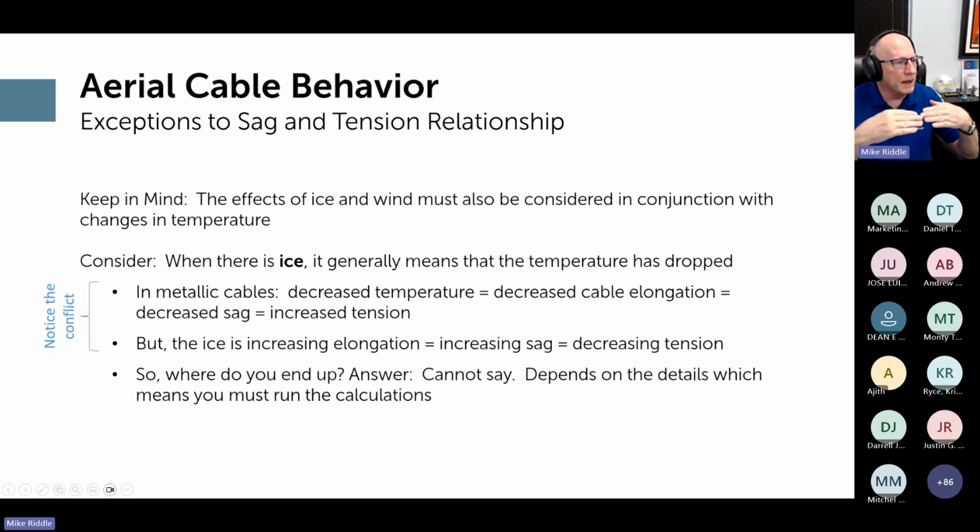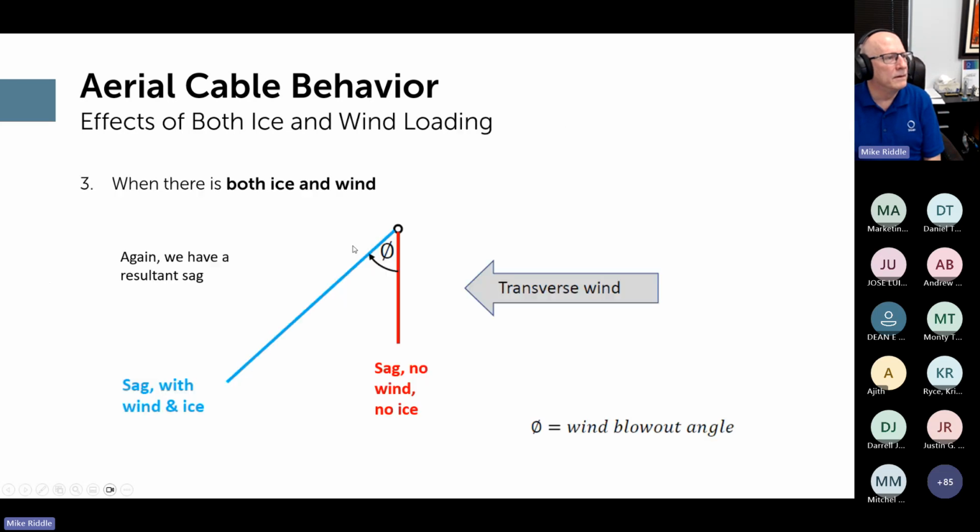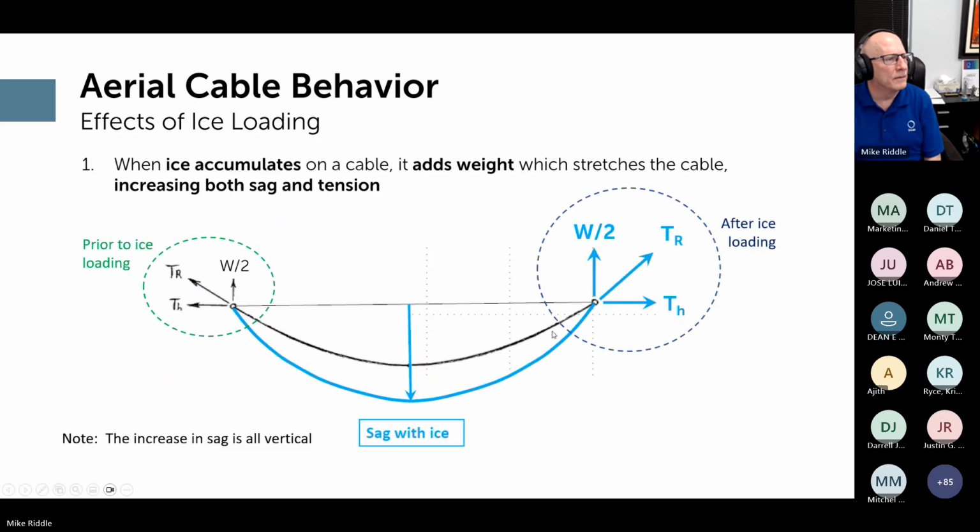So you're decreasing the sag, which increases the tension. But the ice is increasing elongation, which increases the sag and increases tension too. So I don't know why there's a conflict there, because we said that back here. Right? Adds weight, increases both sag and tension.